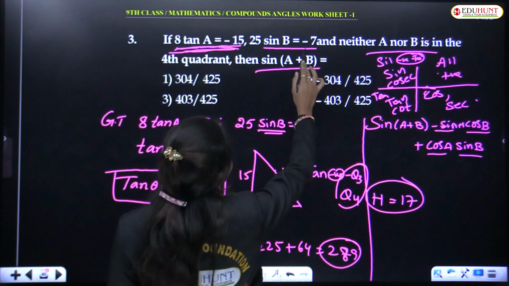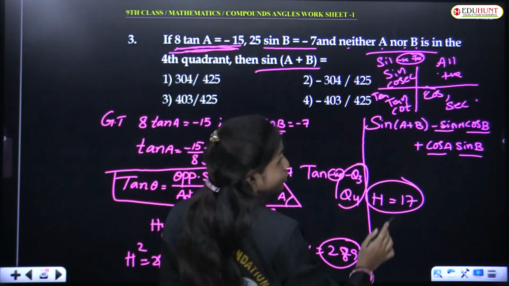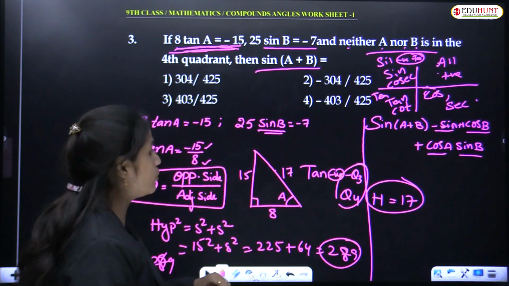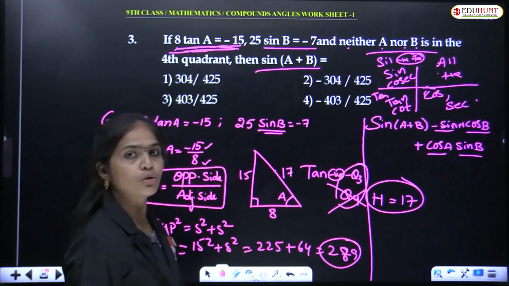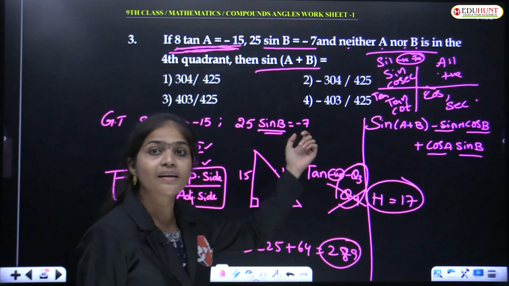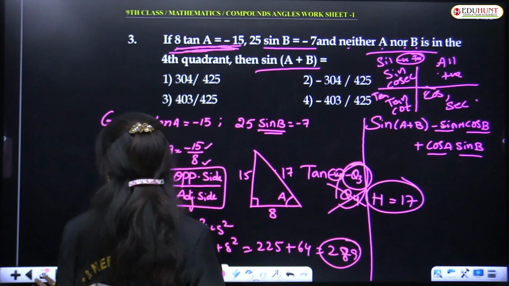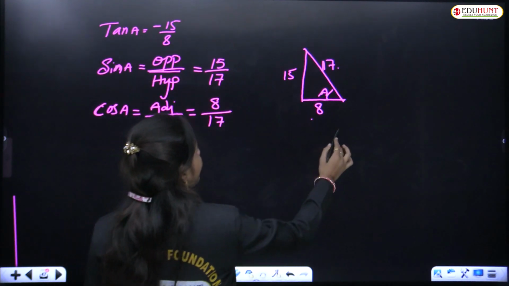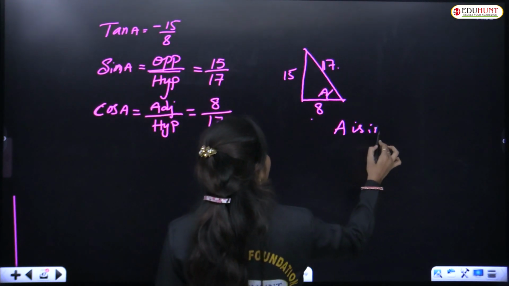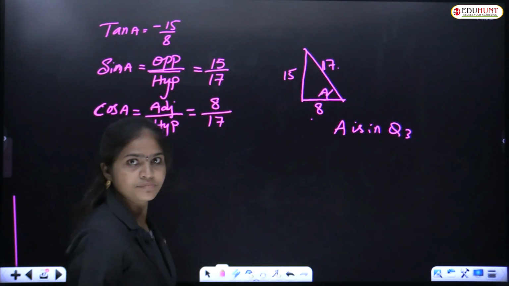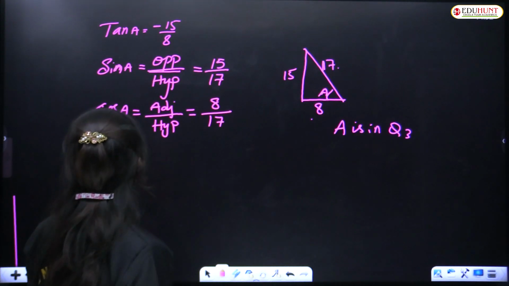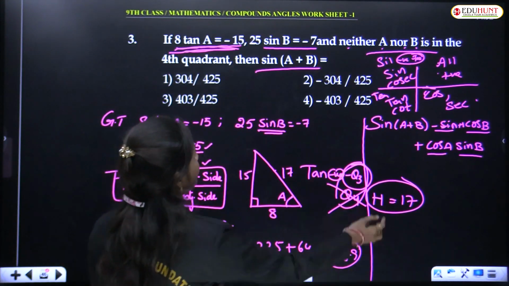And here the condition they given is neither A nor B is in Q4. Those two are also not in Q4. Then tan A is in which quadrant? Yes, that is in Q3. Okay. So here we got one confirmation: A is in Q3, quadrant 3.